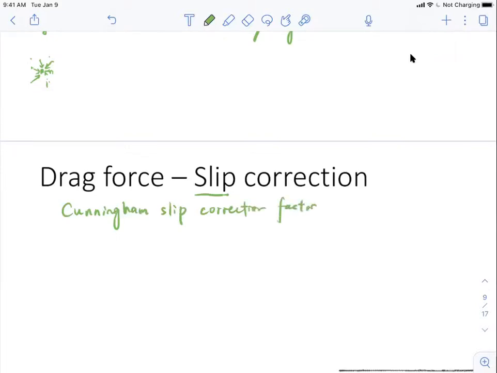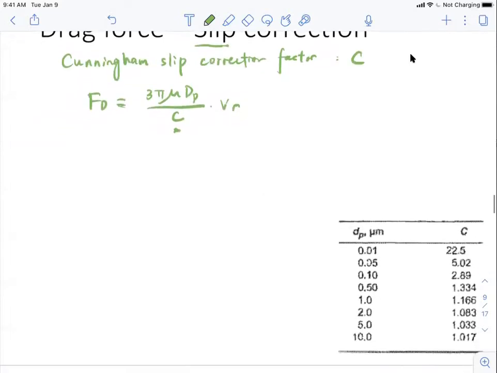So the complete form of the drag force equation should be 3 pi mu dp divided by C, multiplied by VR. The C here is going to have a larger value when the particle size becomes small. Here I'm giving you some examples.